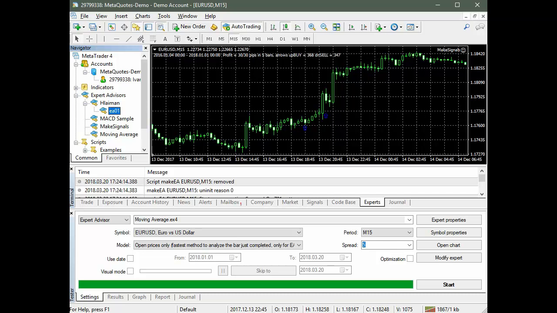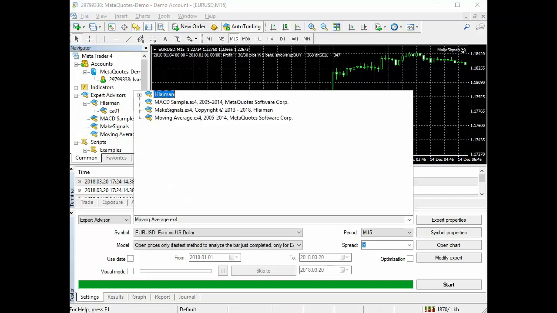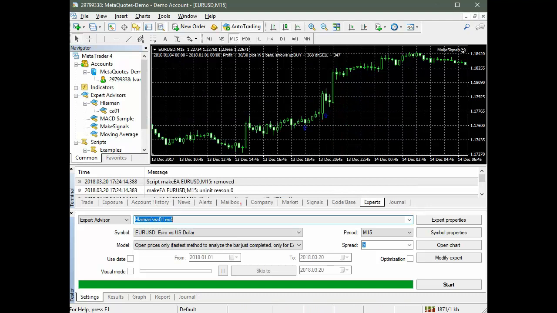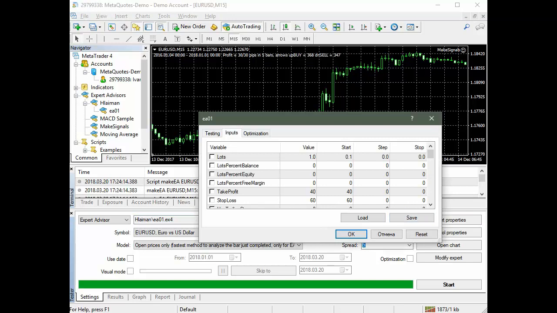From the list of expert advisors in the strategy tester, we choose the one that was just created. Select parameters of the expert advisor. Take profit and stop loss are set equal to 30, which corresponds to the parameters by which the trade signals were automatically generated.